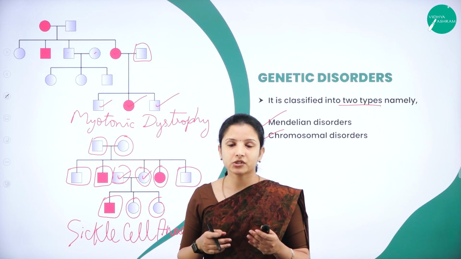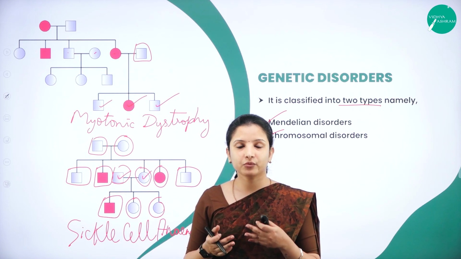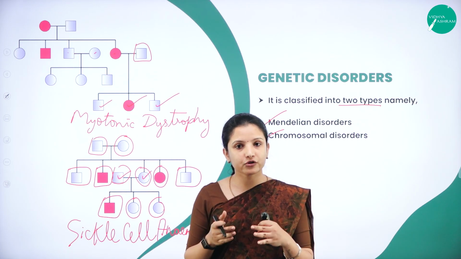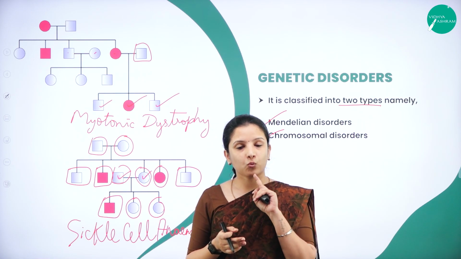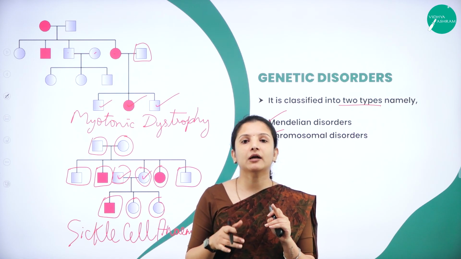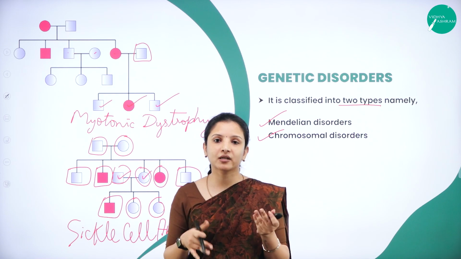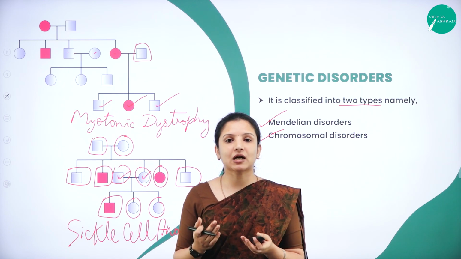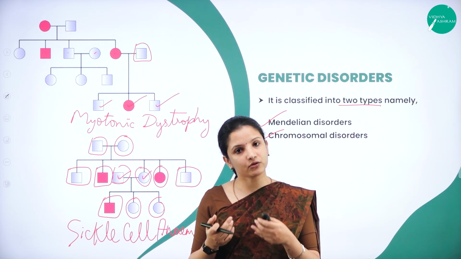In this particular chapter, we dealt with pleiotropy, which is wherein one particular gene controls different characters, and I explained it taking the example of the disease phenylketonuria.